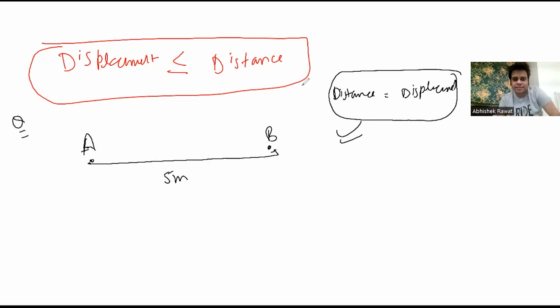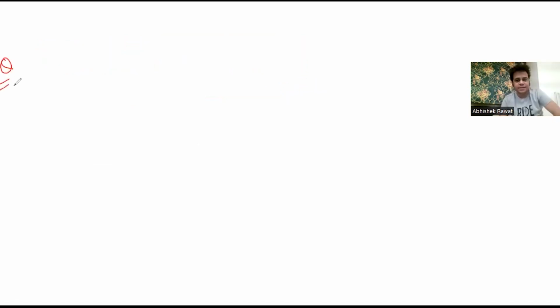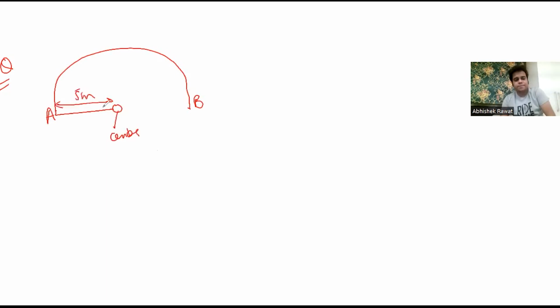We can take another example, a famous question which came in a recent exam. If I travel from A to B, you have to find distance and displacement. Suppose O is the center and the radius is 5 meters.